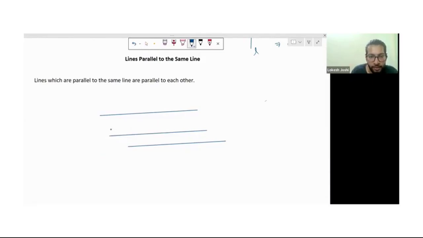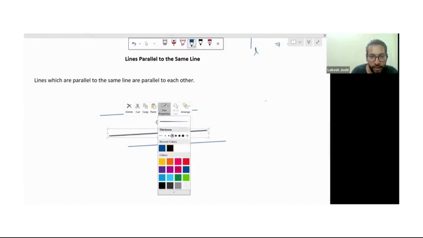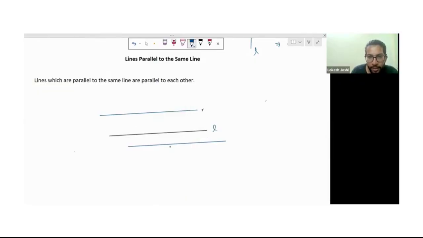Okay, suppose there are three lines and their names are L, M, N, and it's given that M is parallel to L and M is parallel to N, which means M is the single line which is parallel with this one and this one. So according to the condition, we can directly say that lines which are parallel to the same line are parallel to each other, which means if M is parallel to L and N, we can directly say L is parallel to N. Okay, that's the point of this line.